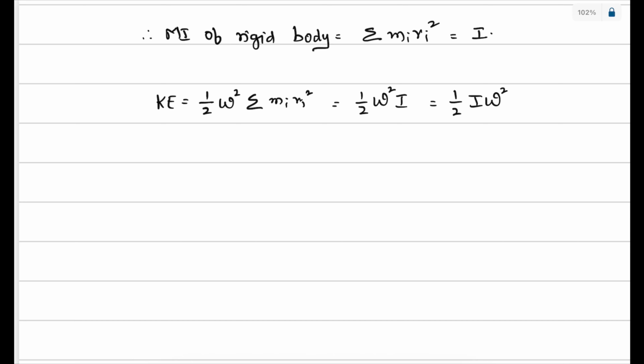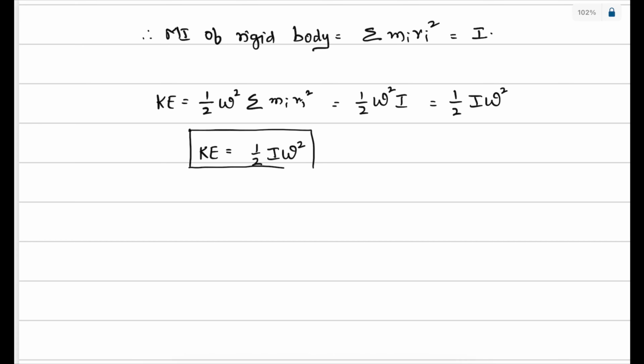Therefore, if omega is known and the moment of inertia of the total body is known, then we can find out the kinetic energy of the rigid body. Kinetic energy is equal to half I omega square.